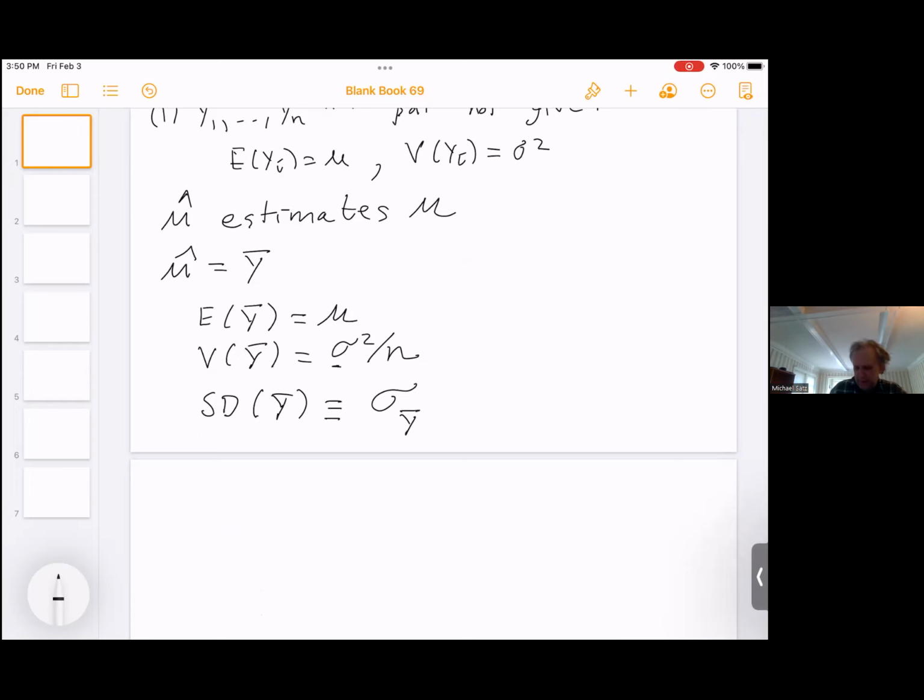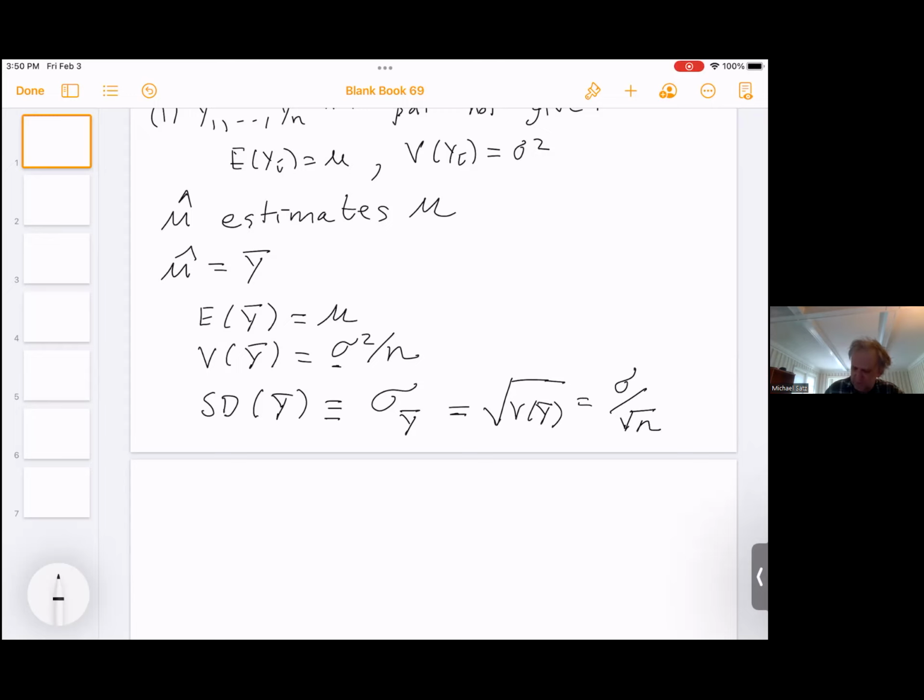We use the 3 horizontal lines to mean defined to be equal. It is defined to be the square root of the variance of y bar, and it's just sigma over the square root of n.